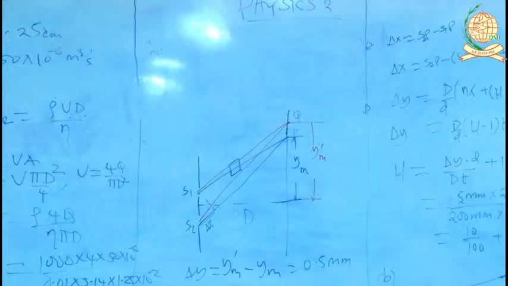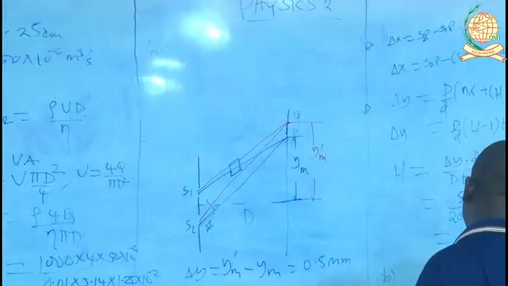When the air wedge is illuminated by light of wavelength equal to 5.6 times 10 exponent -7 meter, interference fringes are produced parallel to the line of contact, which has a separation of. So we have a fringe separation.